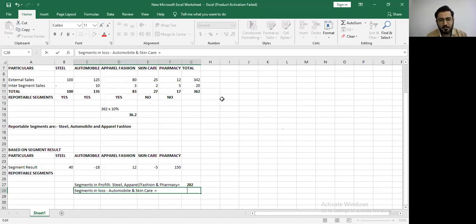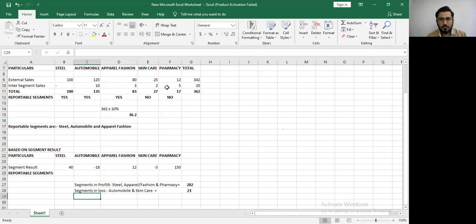So 18 plus 5 will be 23. Your segments in profit is 202. Your total segments in loss is 23.